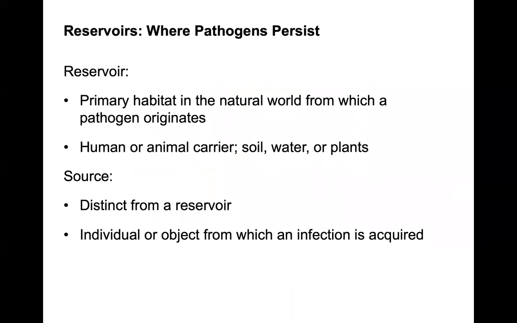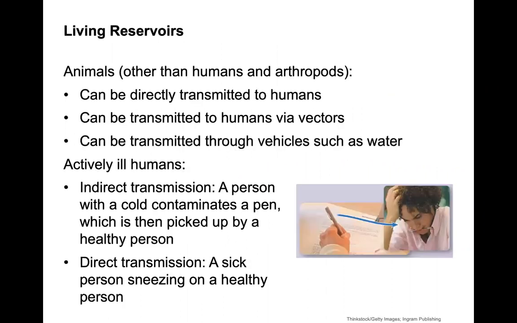Reservoirs: where do we find pathogens? A reservoir is the primary habitat in the natural world from which a pathogen can originate. Humans and animal carriers, soil, water, or plants can act as reservoirs. We have various living reservoirs. Animals, other humans, and arthropods can be directly transmitted to humans, or can be transmitted to humans by vectors.